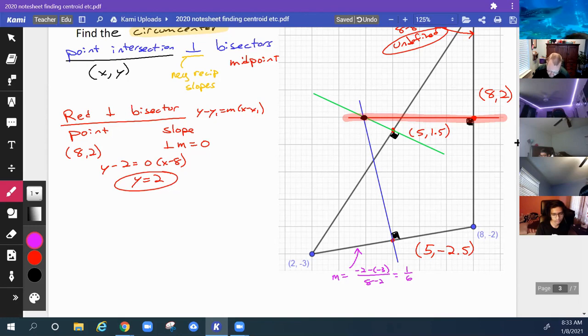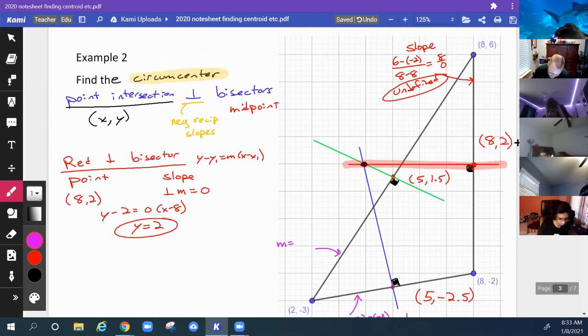So I know the slope of this side is going to be 1/6. And I know the slope here is going to be 6 minus -3 all over 8 minus 2. So that's going to be 9/6, which is 3/2.